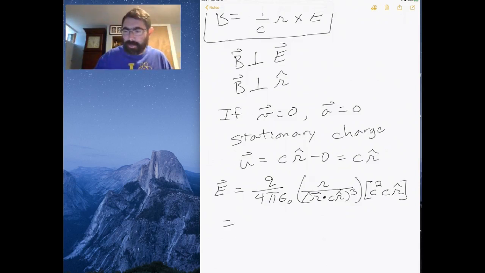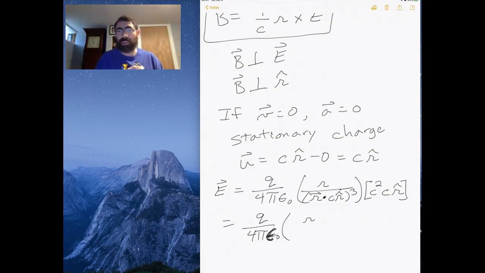And so we can go a little further and say q over 4 pi epsilon naught. And we have r dot r hat is just r.